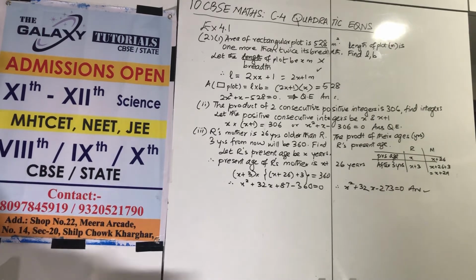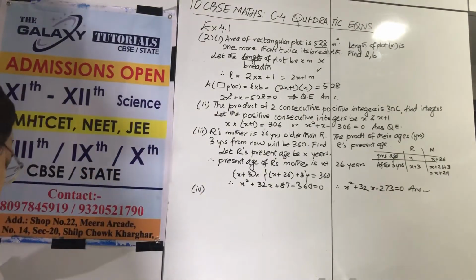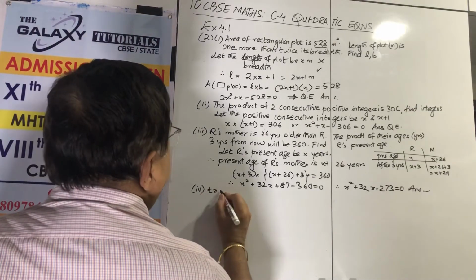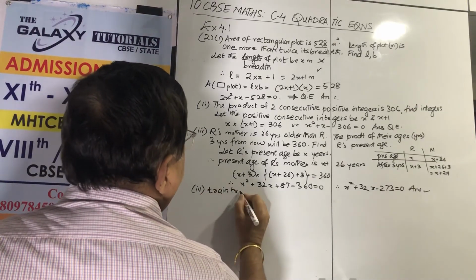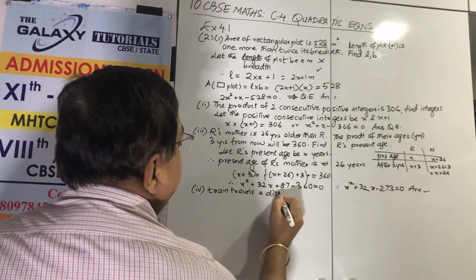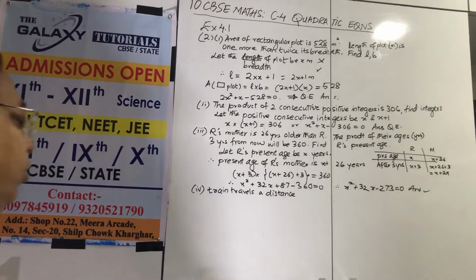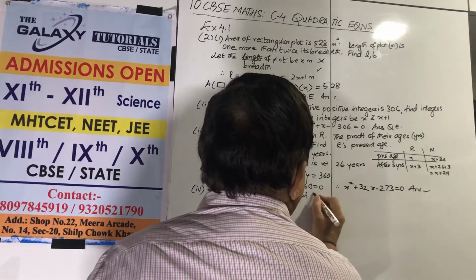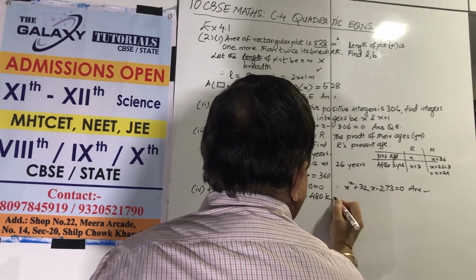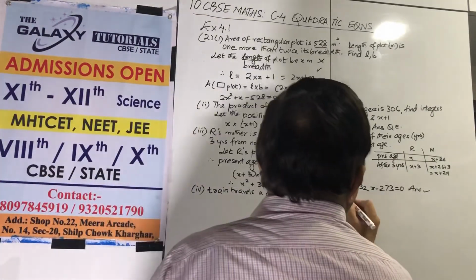Let us look at sum number 4. A train travels a distance of 480 kilometers at a uniform speed.